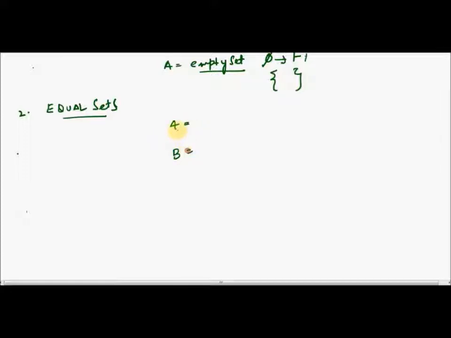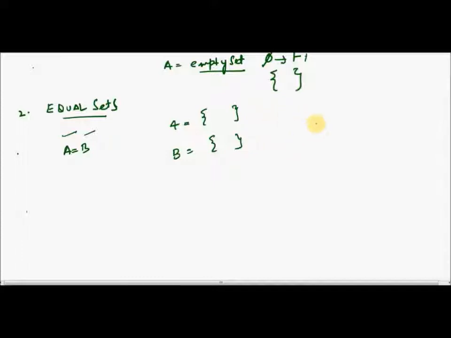In order for the condition that A is equal to B, that means in order to have both sets equal, all the elements that are present in A should also be present in B, right? That means the number of elements in A should be exactly equal to the number of elements in B, and they should be the same elements.